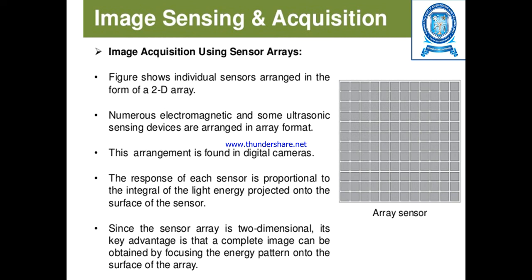For example, when capturing a digital image with a digital camera, the light from outside the camera is reflected when captured within the camera. That is a good example of a sensor array. It is also two-dimensional, and the main advantage is that it focuses the energy pattern onto the surface of the array.